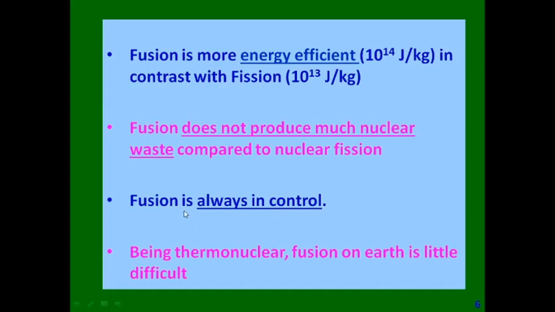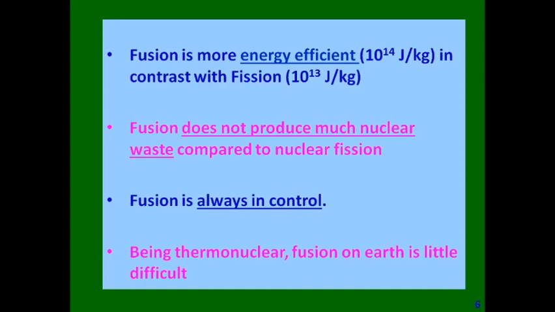But fusion is always in control. To produce fusion, as I already told you, you have to bring two lighter nuclei together. That is a very serious and a very difficult process, because these nuclei have Coulomb's repulsion by themselves. So to start fusion, you have to impose fusion; you have to bring them together.